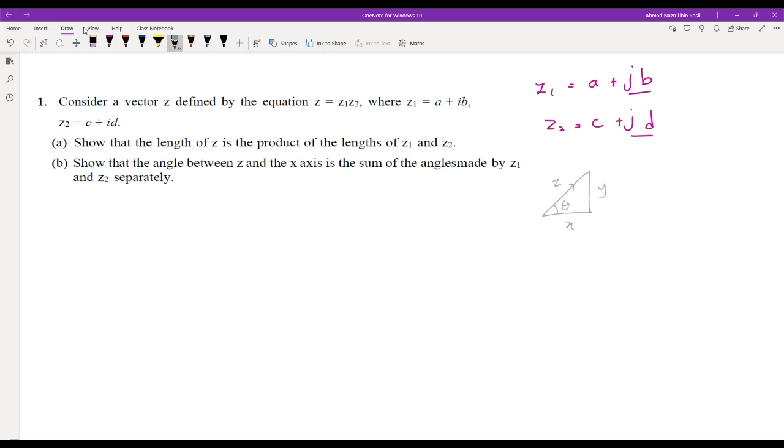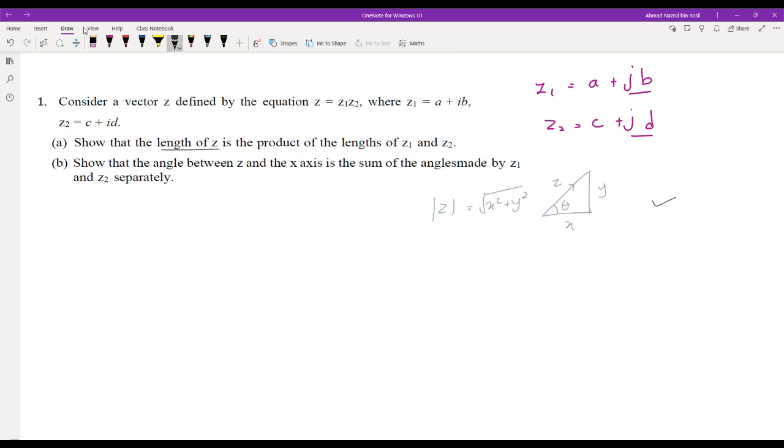So we know that the z vector, to get the value for z, means x square plus y square, square root. If you remember the vector, z is equal to square root x square plus y square. So this is the vector to get the value of z, that will be the length of z.